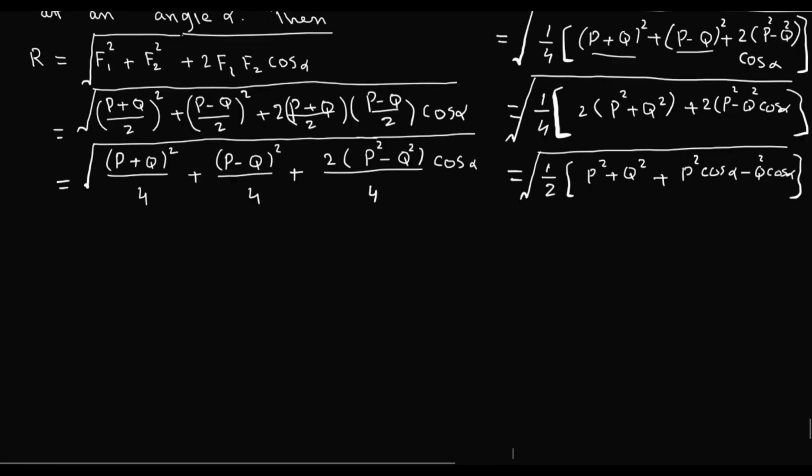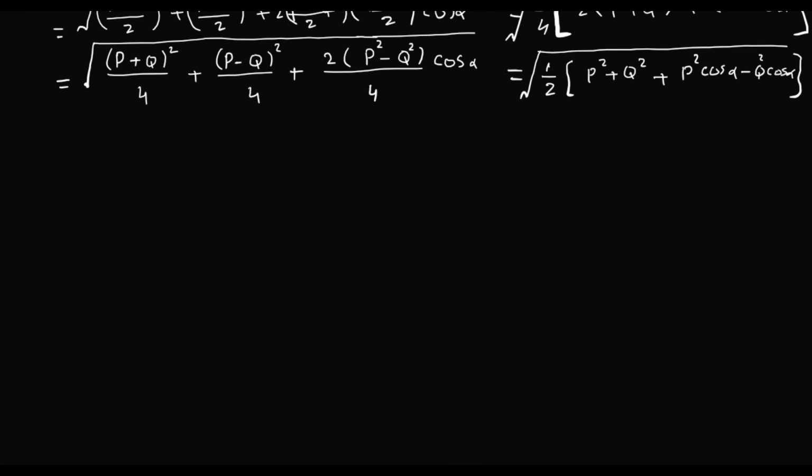It is just mathematical simplification, not very tricky steps, so you should know a little bit of mathematics. So 1 over 2, you can take common P square, it will be 1 plus cos alpha, and when you take Q square common, it will be 1 minus cos alpha.